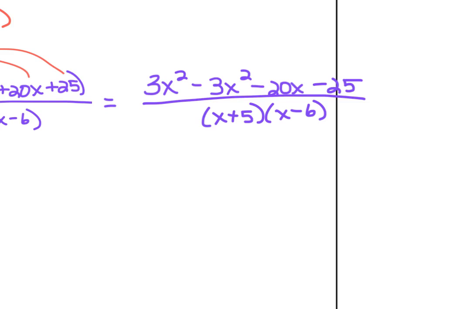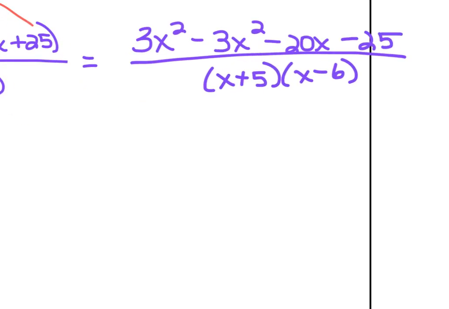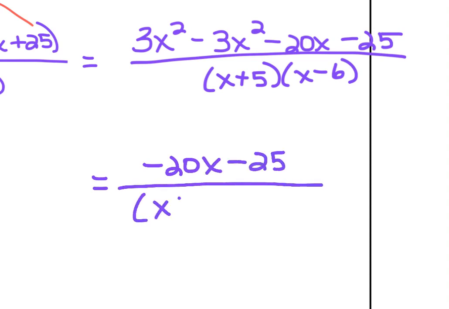What's pretty cool here now is that those 3x squared minus 3x squared is 0, so they cancel each other out, and so my final answer is negative 20x minus 25 all over x plus 5 times x minus 6.